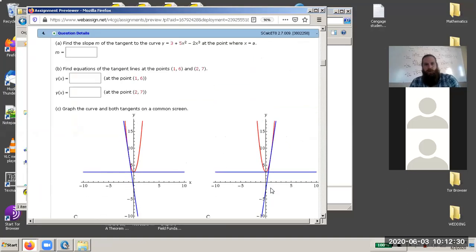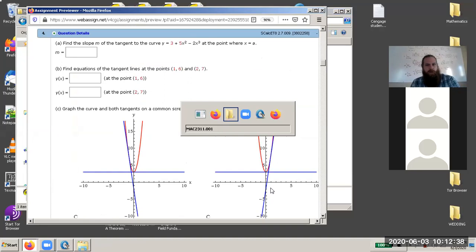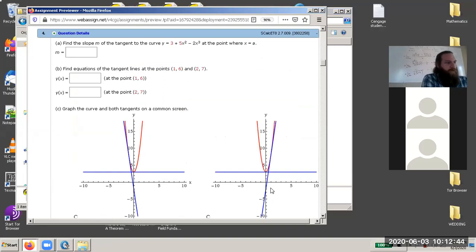So let's turn our attention to those 2 problems we wanted to look at from the homework. We want to find the slope of the tangent and the equation of the tangent line, and then sketch some graphs. So let me write this down. This is homework 4, number 4.